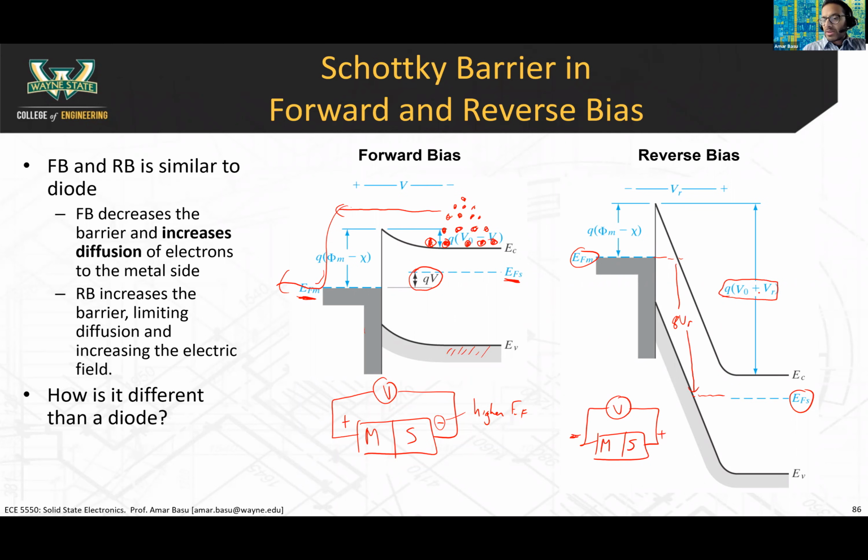So the bending increases. Okay, and this starts to look very much like a reverse bias diode. You have your electrons here like this. But even the high energy electrons don't have enough energy to get over the potential barrier.